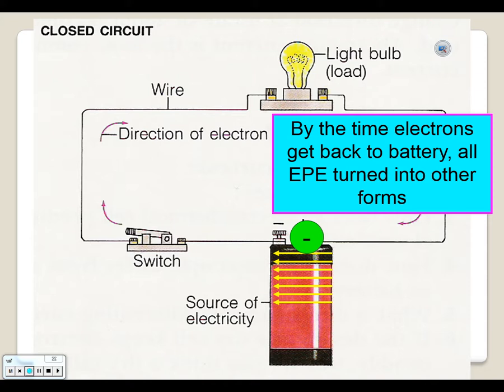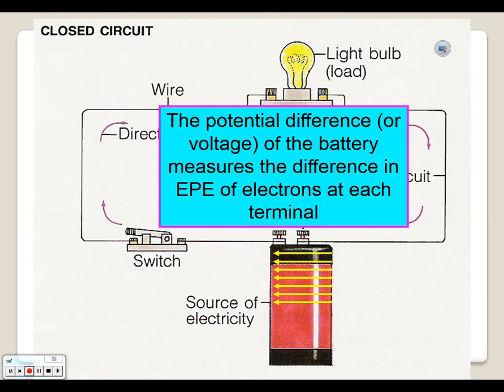Okay? So, when we talk about the voltage of a battery, we talk about the difference in the energy that the electrons have coming out versus when they get back to the other side. So the voltage or the potential difference of a battery relates to the difference in energy.